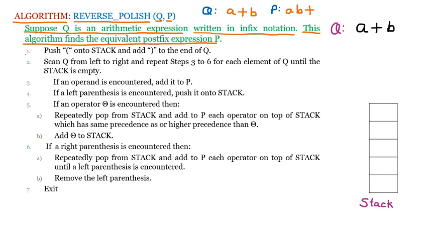So line 1 of the algorithm says to push the starting bracket onto the stack. So first of all we are going to put the starting bracket onto the stack and add a closing bracket to the end of Q. Now this Q is the infix expression, and here at the end we are putting the closing bracket.